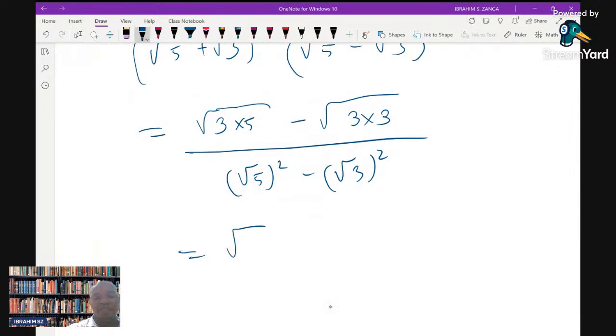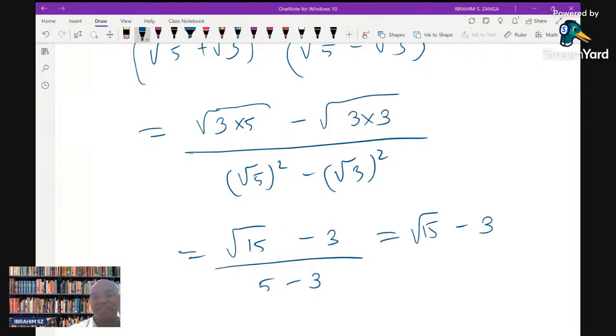So the final result will be square root of 15 minus square root of 9, which is 3, over 5 minus 3. The result is going to be square root of 15 minus 3 over 2, dear students.